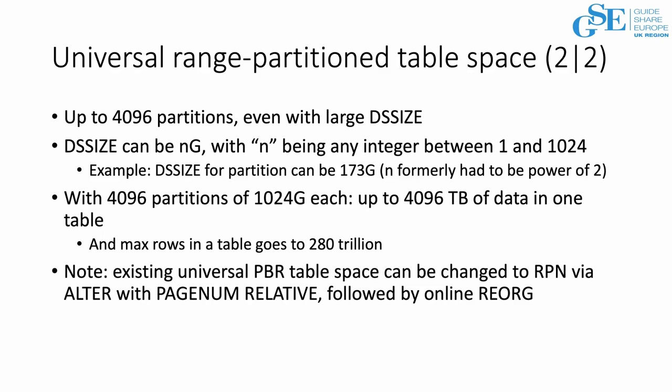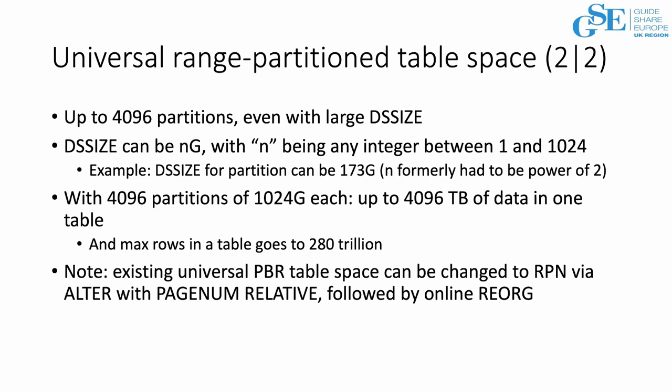With the traditional PBR, that n number had to be a power of 2, but that's no longer the case with RPN. And with RPN, you could have 4,096 partitions, each one able to hold up to 1,024 gigabytes. Meaning you could get 4,096 terabytes of data in one table, regardless of the page size.